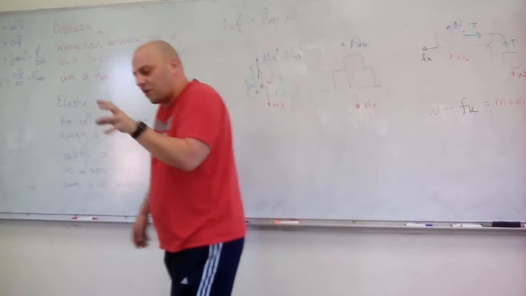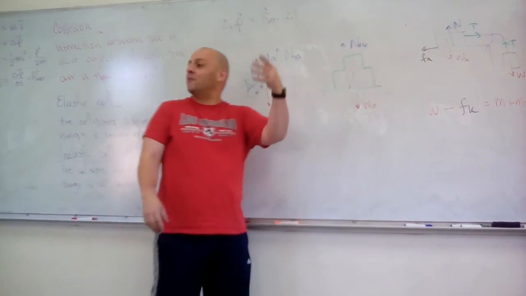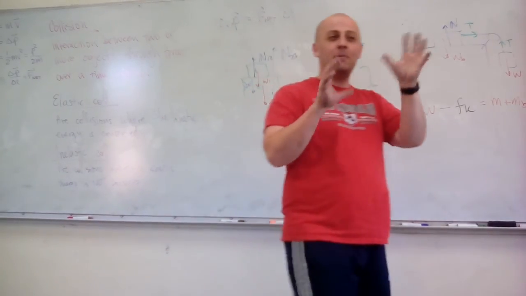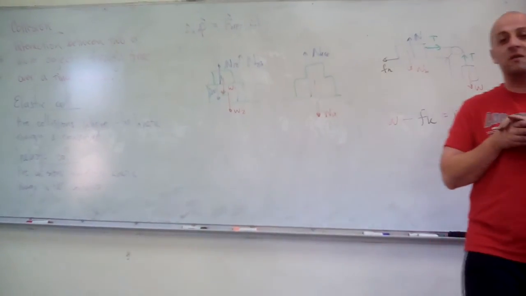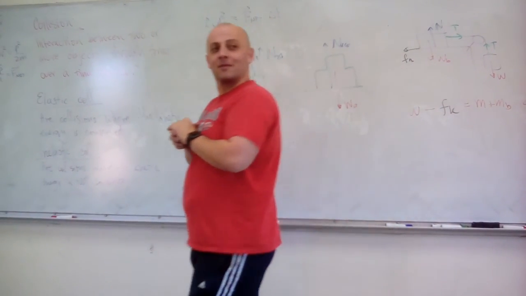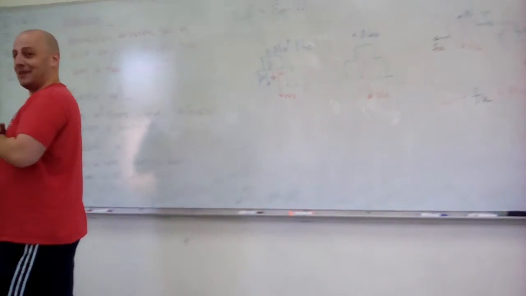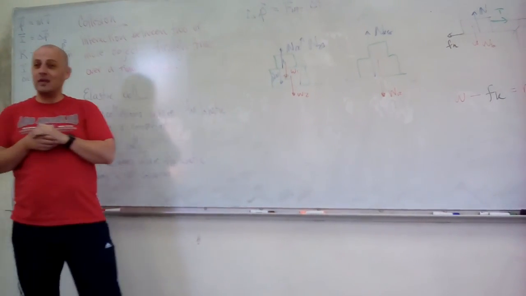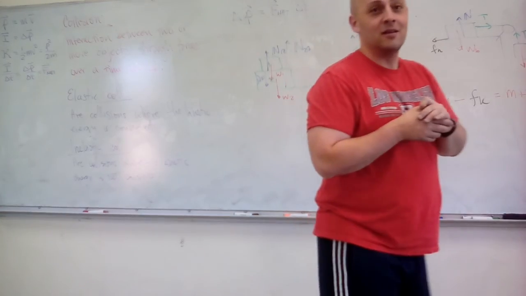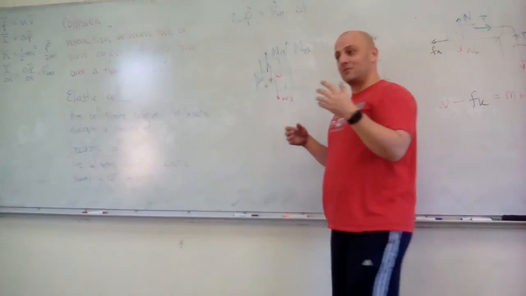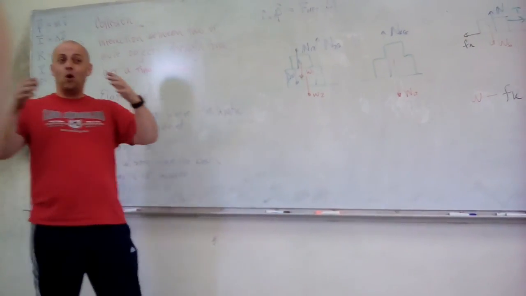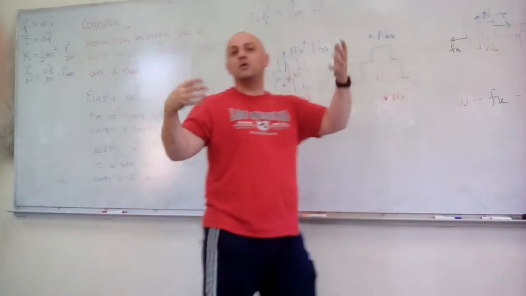So the weight of a baseball is around 1.4 newtons. Do you remember how big the force between the bat and the ball was after we calculated it? It was a lot, like 1.3 times 10 to the 4th newtons, or 13,000 newtons. So that's 10,000 times bigger.